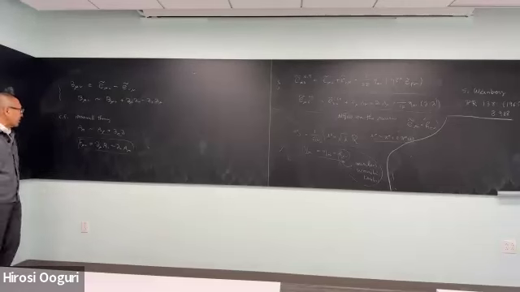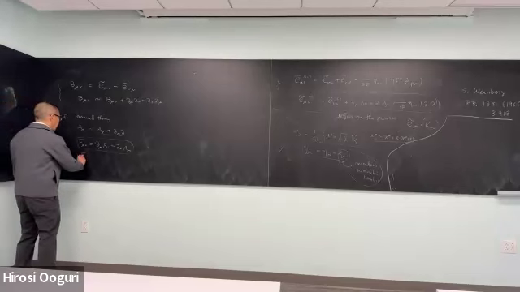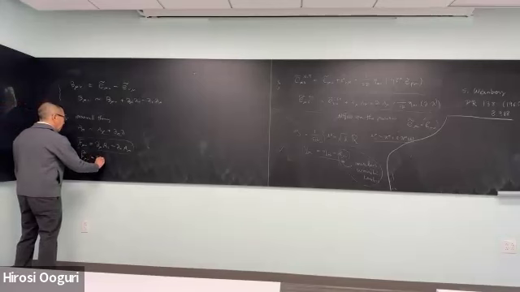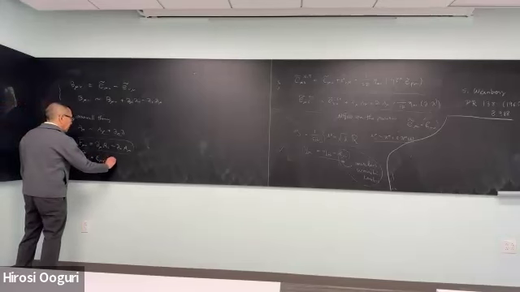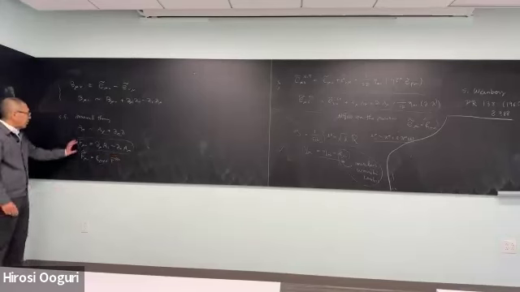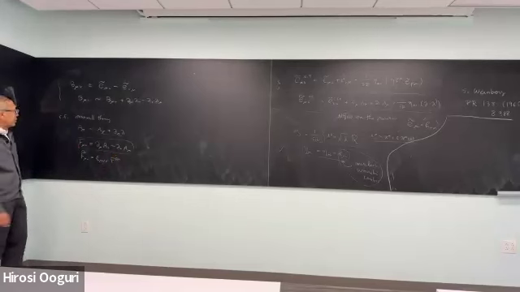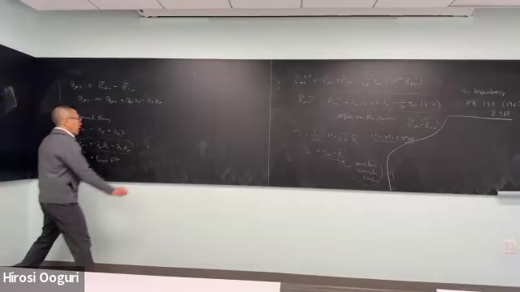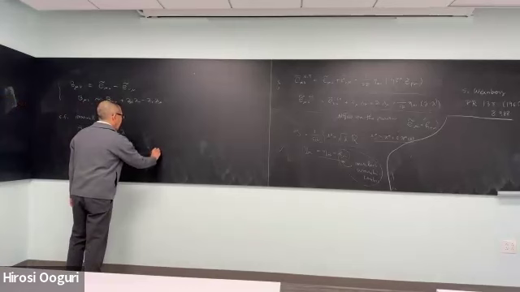There is a very interesting duality between F mu nu and F mu nu tilde, which is equal to epsilon mu nu rho sigma F rho sigma. Because if you use this, then the Maxwell equation can be written in this way.